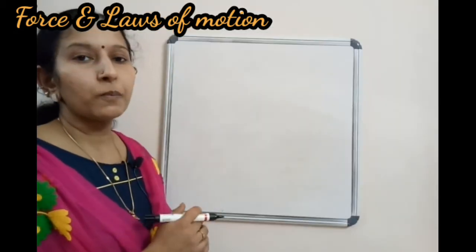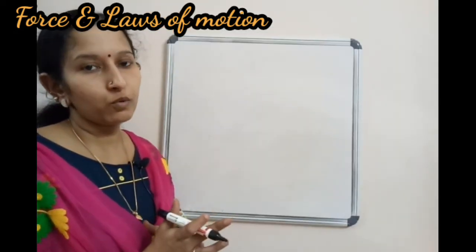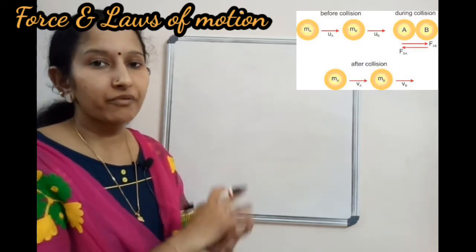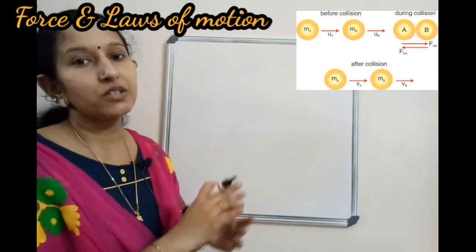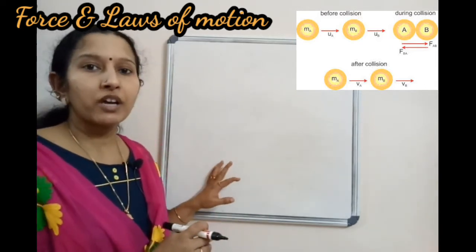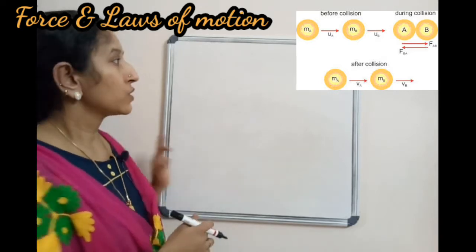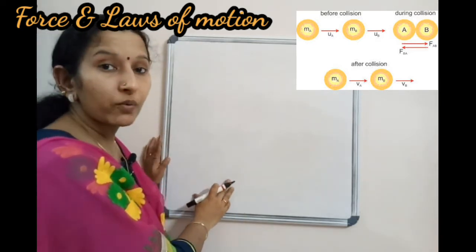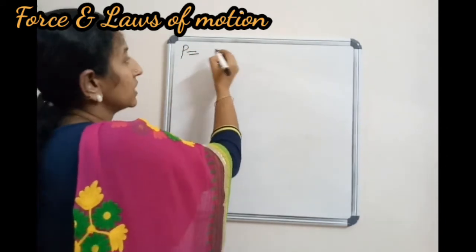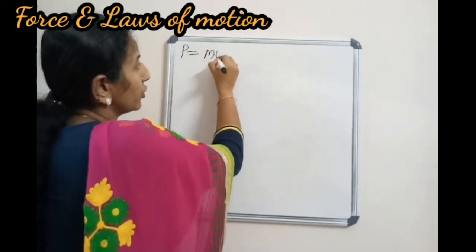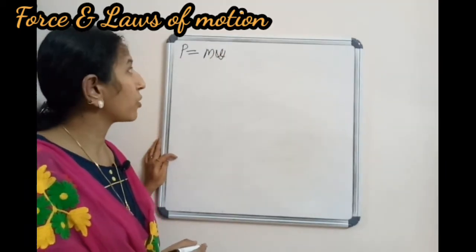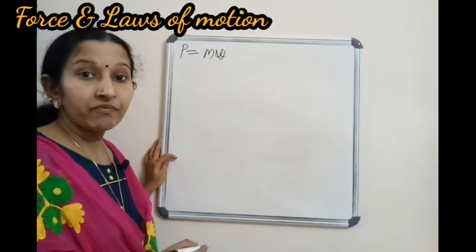So two balls A and B move with their velocities UA and UB, and after the collision the velocities changed to VA and VB. Now we are moving to a derivation. I told you the equation for momentum: P equals MV.